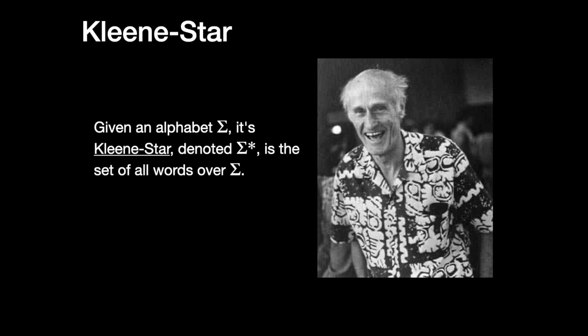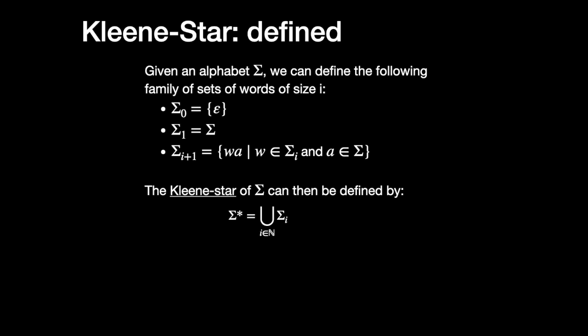We can use composition to define a special set called the Kleene star of an alphabet. This is named after the logician and mathematician and one of the founders of computer science, Stephen Kleene. A more elegant definition of the Kleene star is this one. Here we first define a family of sets indexed by a natural number indicating the length of the words in the set. For example, sigma 0 has words of length 0 in it, and thus only contains the empty word.